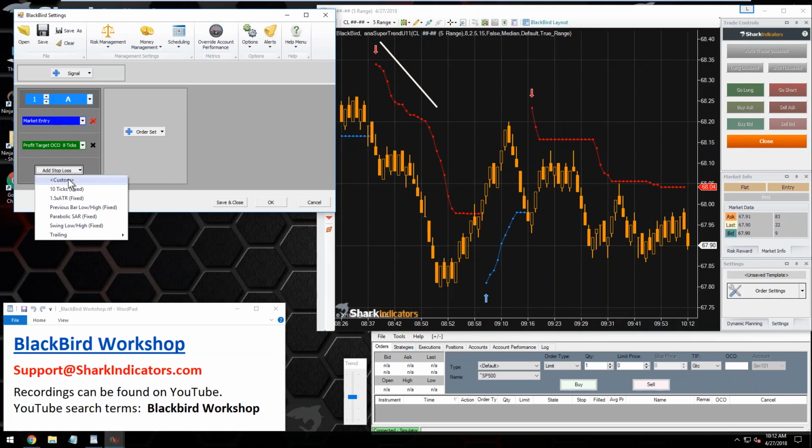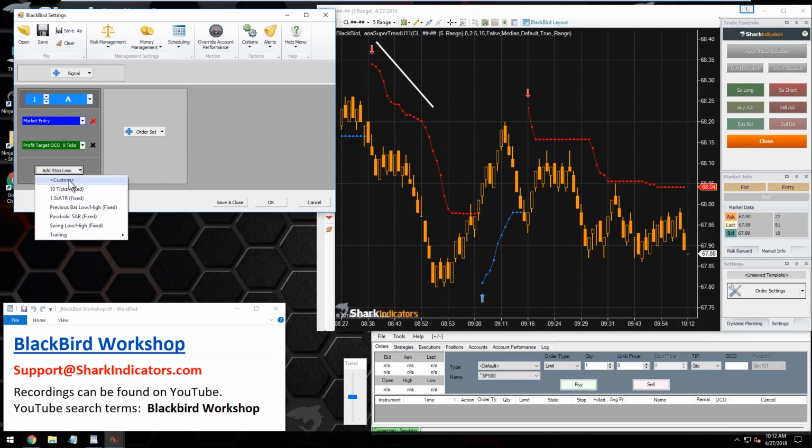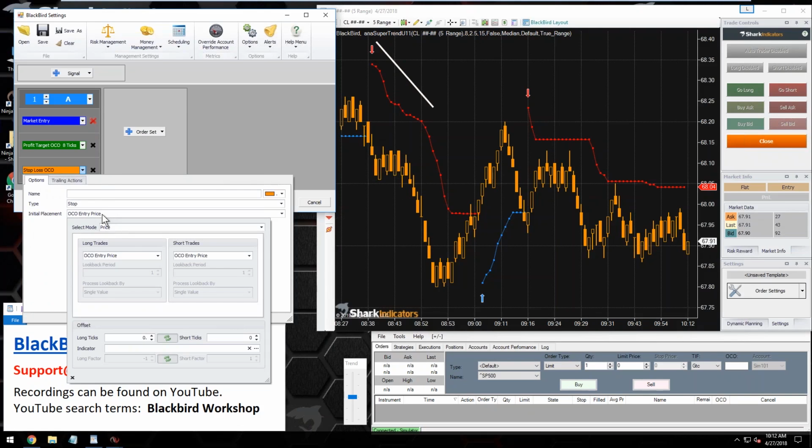And now let's set up the stop loss. Again, I'll start from scratch here and just do a custom one. The stop loss is going to be behind an indicator. So for the select mode, instead of using price, we actually want to use an indicator value to set our stop loss.